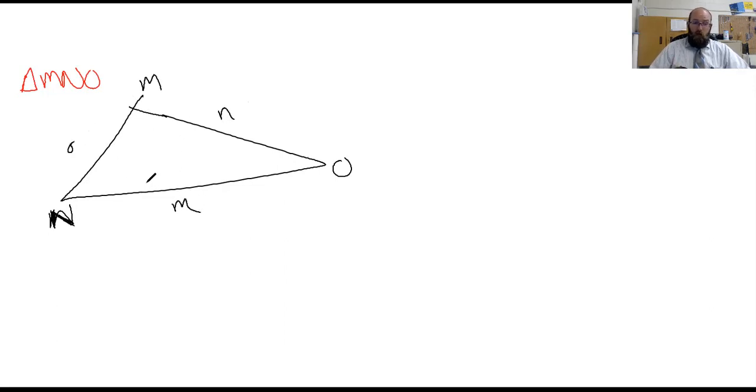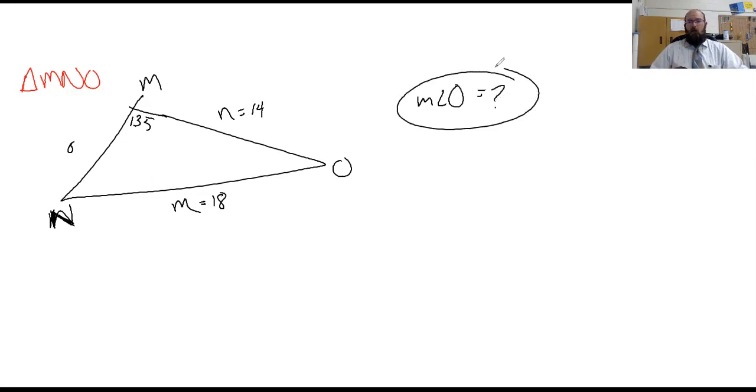Okay, I do know some of this information. I know that this angle M is 135. I know that its side length is 18. I know that n equals 14, and I want to actually find the measure of angle O. Okay, that is my end goal. That's what I want to try and find.